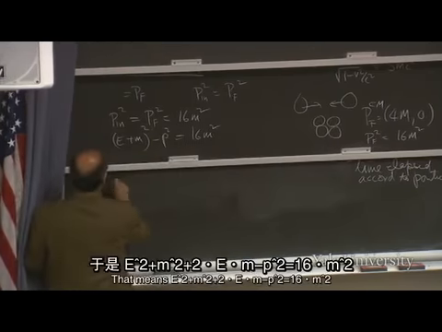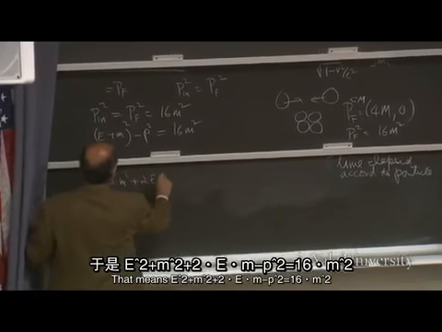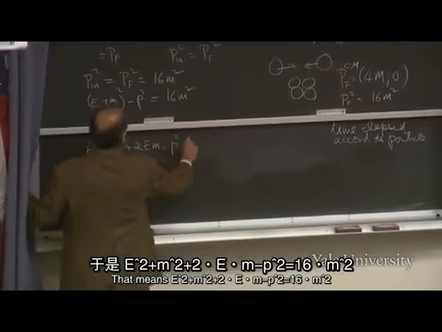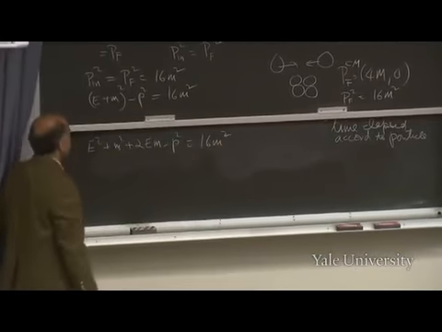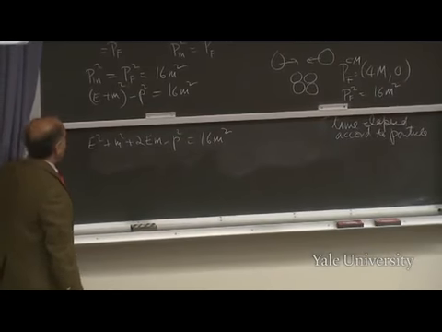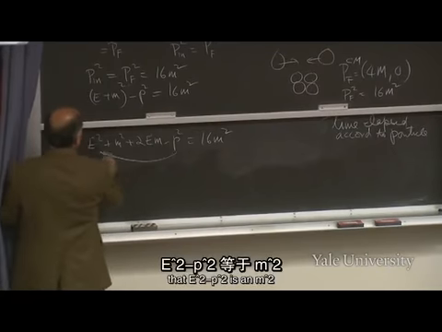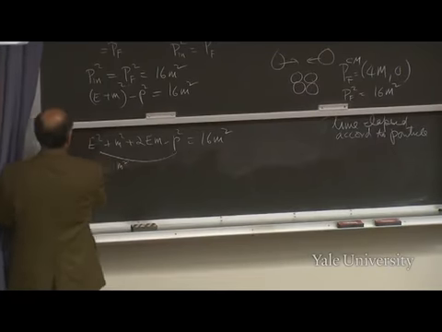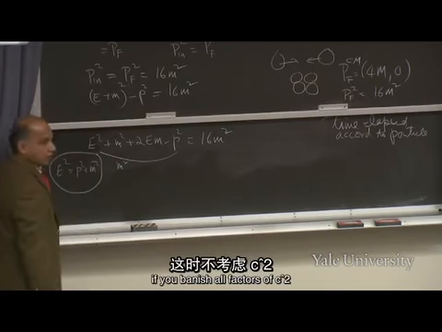That means E squared plus m squared plus 2Em minus p squared is 16m squared. But you must know that E squared minus p squared is m squared. I'm saying E squared equals p squared plus m squared if you banish all factors of c squared.